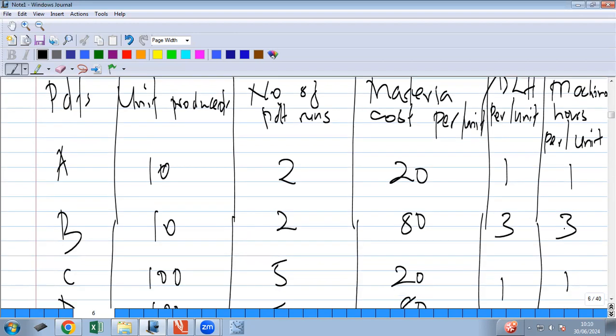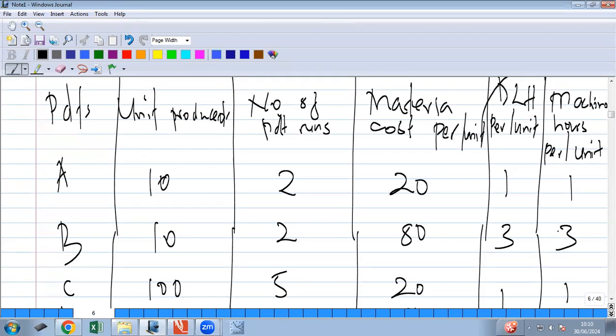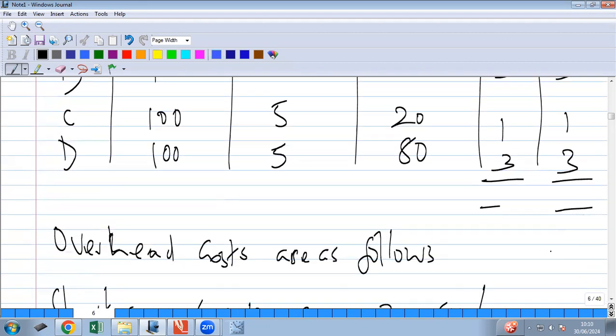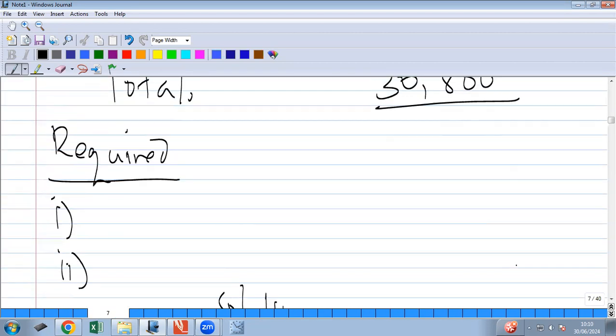But you realize that in the additional information, they gave us the direct labor cost per hour. That means we can find our units to get how many hours we need, the direct labor cost, then to get the total for each of these products, right? So we can make a working down here.